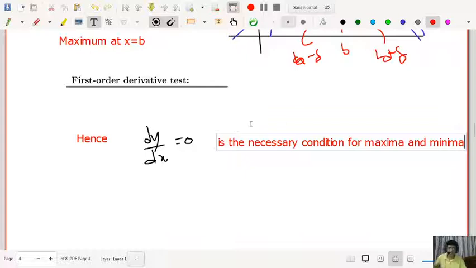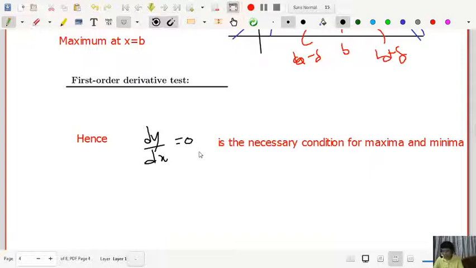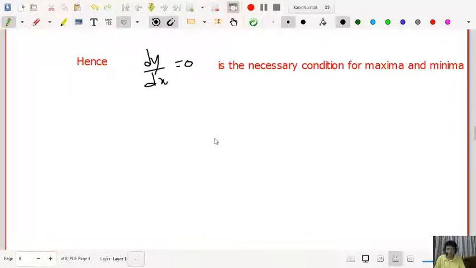This is the necessary condition for maxima and minima, not sufficient. I will explain later on why it is not sufficient.